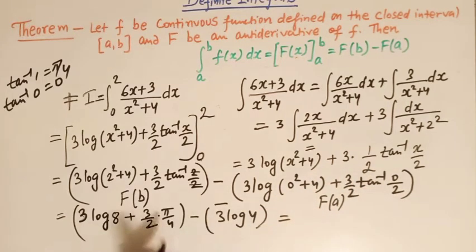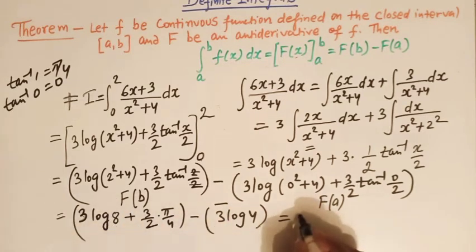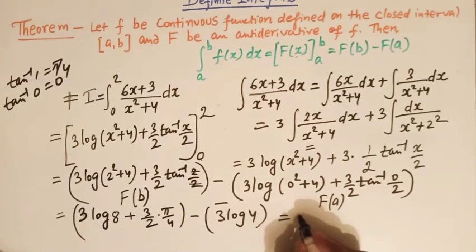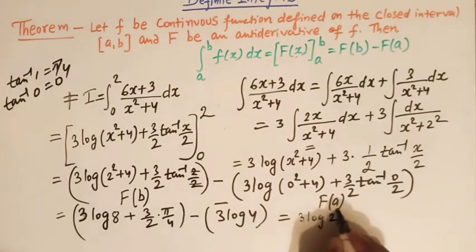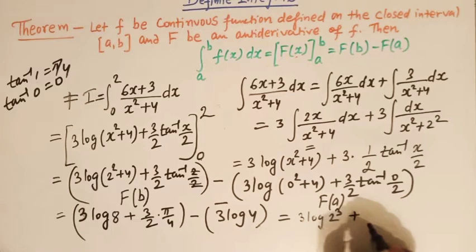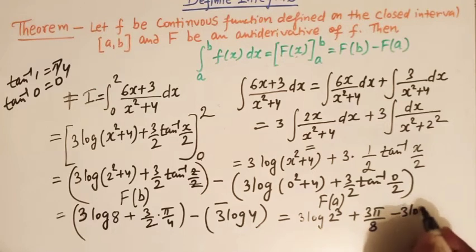Now we have to simplify this term and this term. So 3 log 8 can be written as 3 log 2 cube, and this is 3 pi by 8, and here we have 3 log 2 square, right?